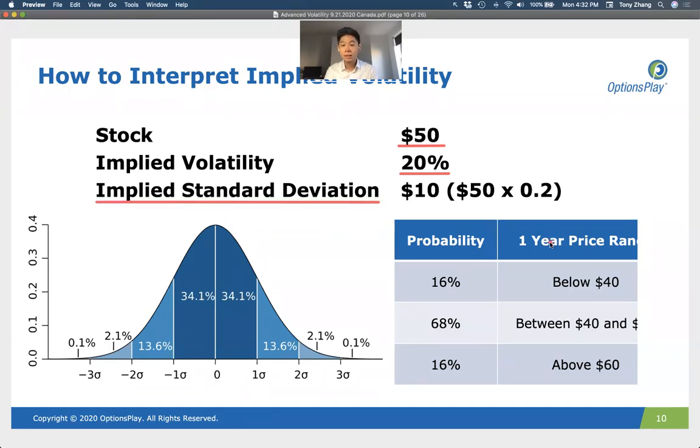And what this tells us is the expected range that the stock will be in over the next year, between these two prices. So we take the stock price and multiply it by the implied volatility.